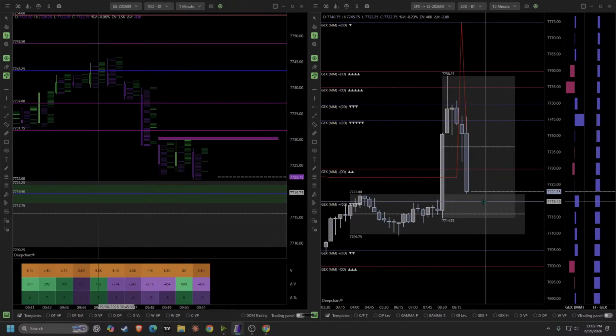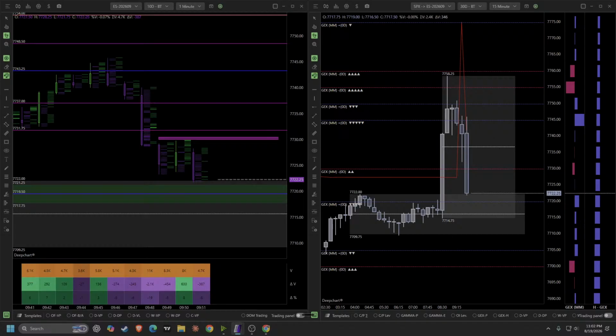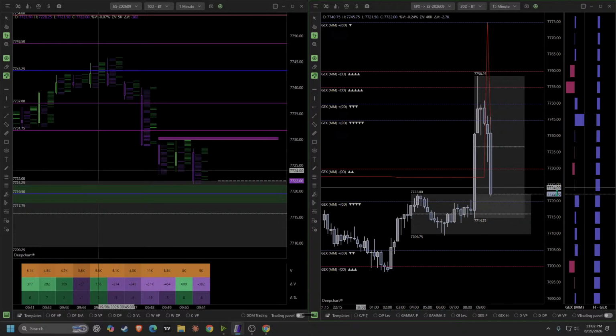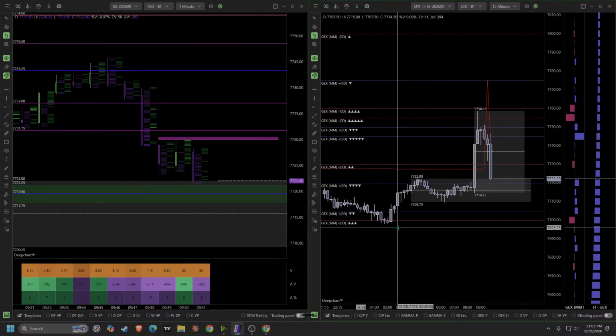So let's see what happens when we tag that level. Remember, the green also represents where lots of buyers stepped in to push the price up before. So we have a level that should act as a break, and we have aggressive buyers that have been operating here. Let's take a look.